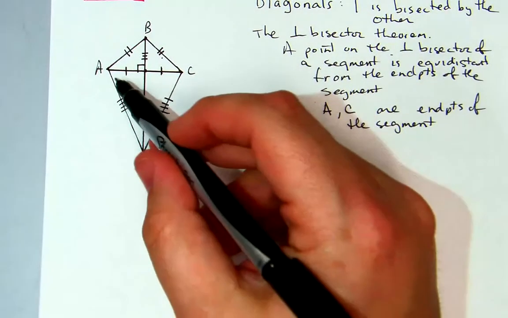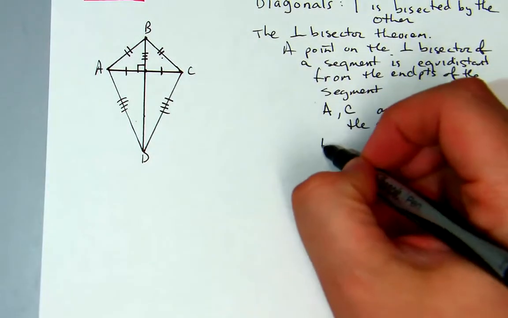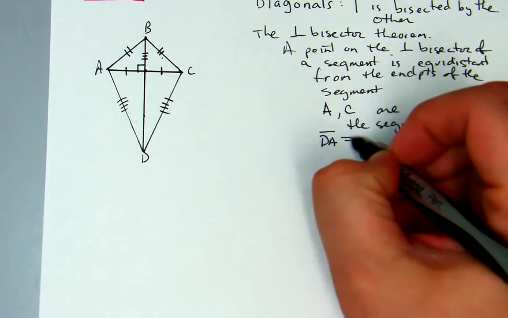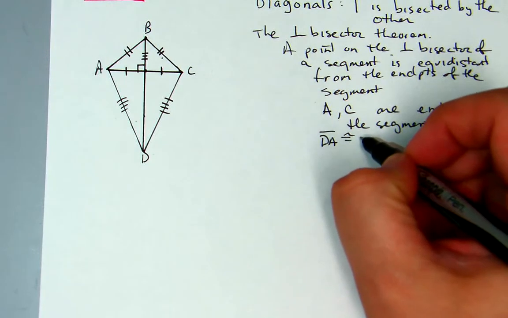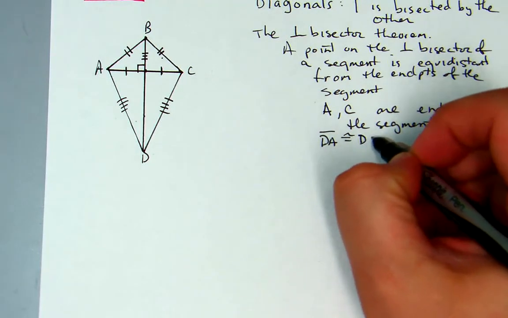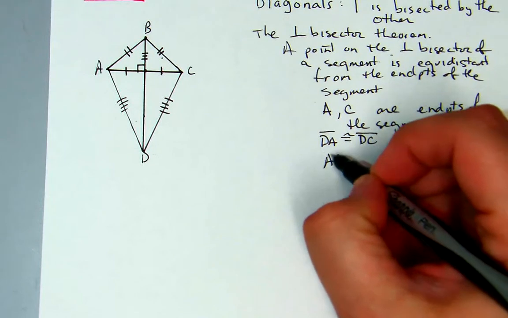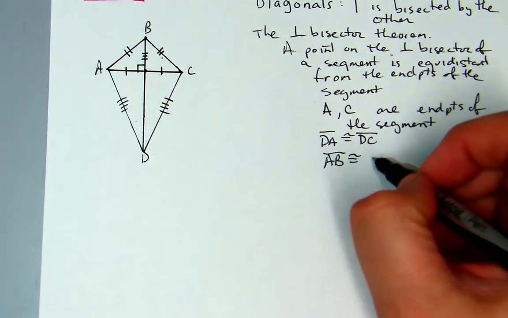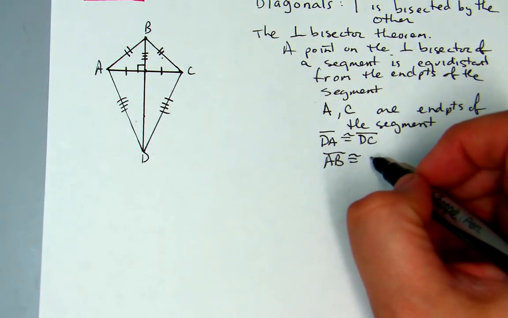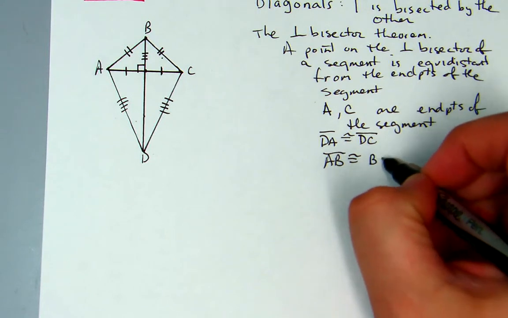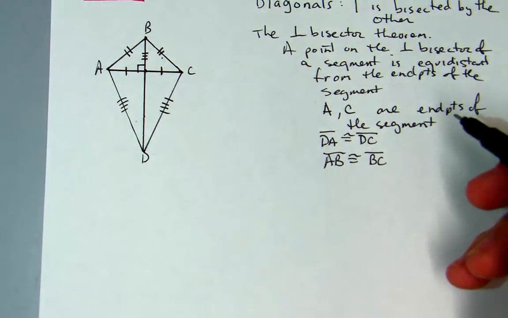So we can say that DA is congruent to what segment? DC. And that AB is congruent to CB, or BC, either one.